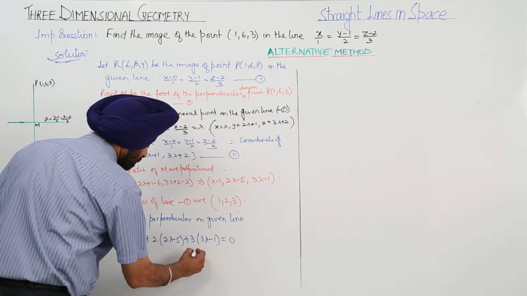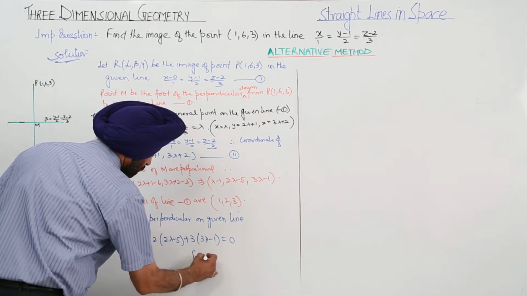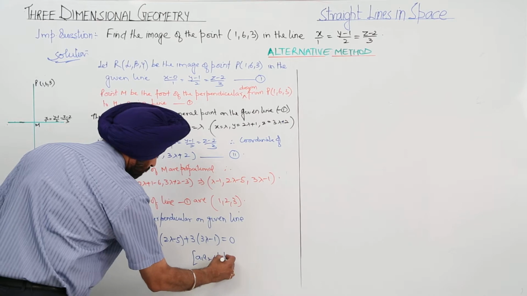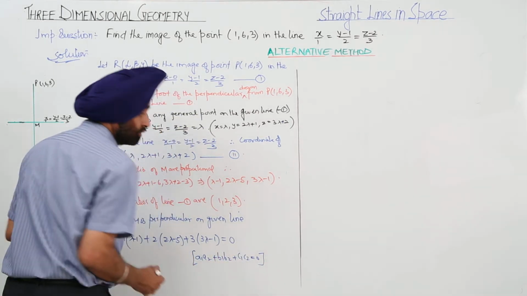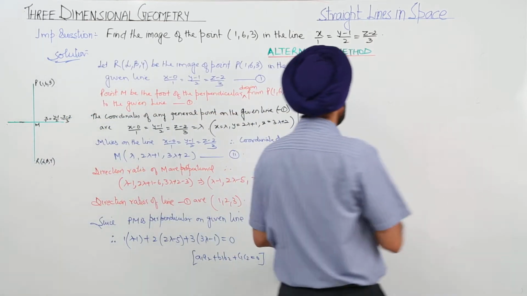Now what we have done? We have used a1 a2 plus b1 b2 plus c1 c2 is equal to 0.